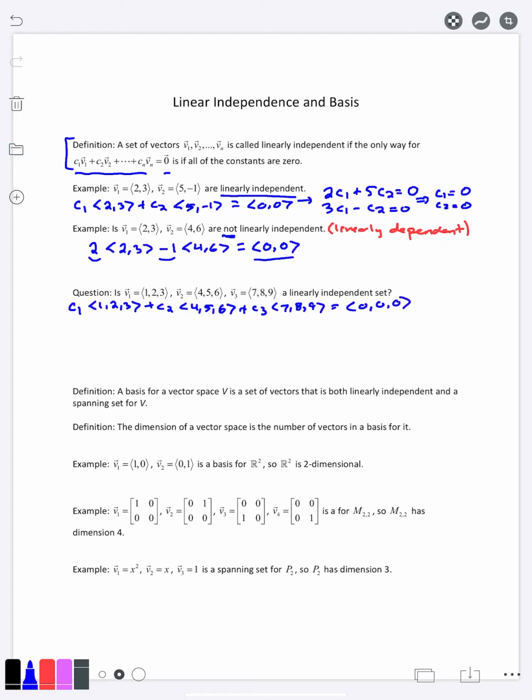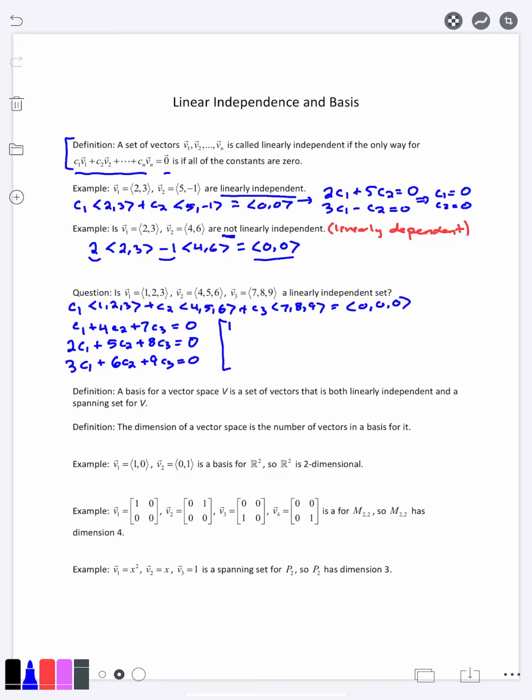Then if I write out the component equations, I'd have C1 plus 4C2 plus 7C3 is 0, and 2C1 plus 5C2 plus 8C3 is 0, and 3C1 plus 6C2 plus 9C3 is 0.